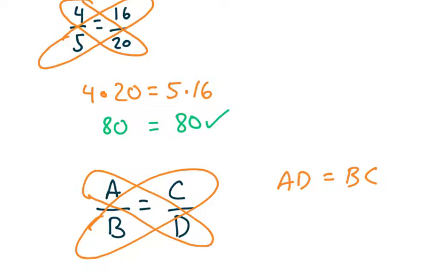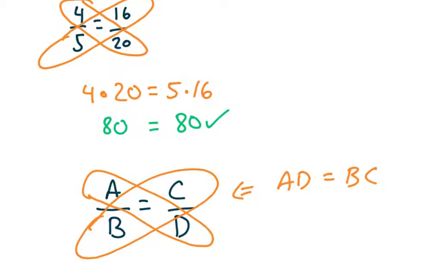So can I use the skills that we've developed before to take AD equals BC and say it actually takes me back here? In other words, can I get A over B on the left? Well, notice that we have B on the right.